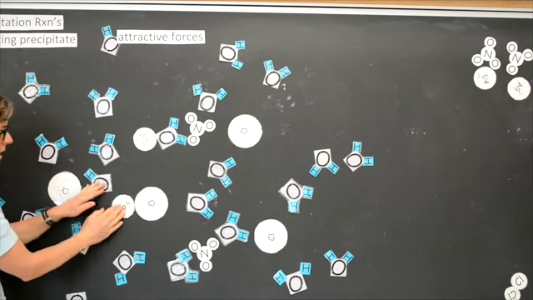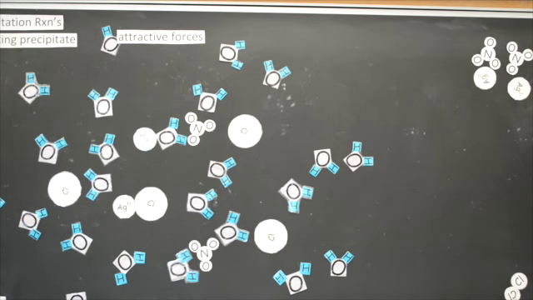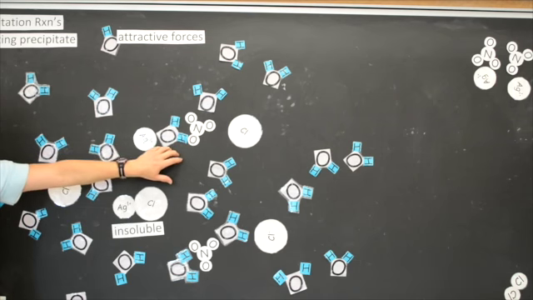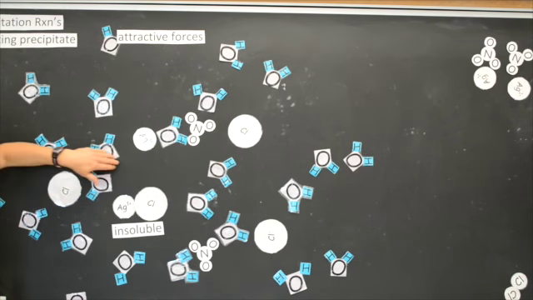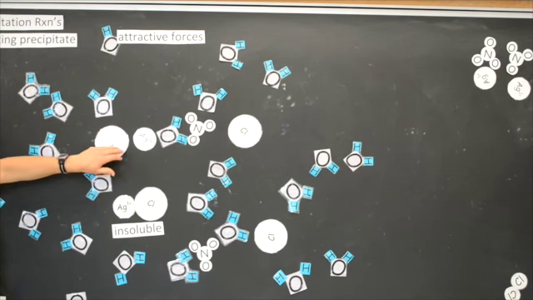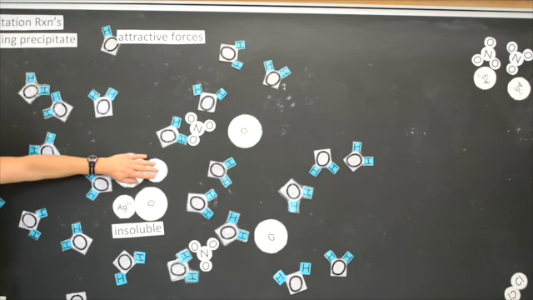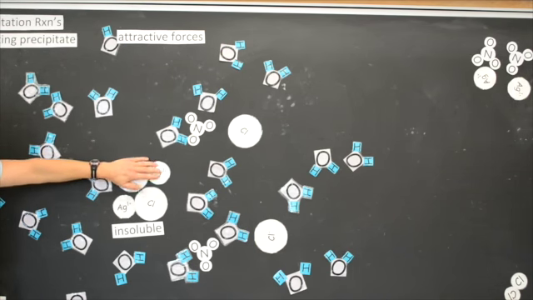Therefore, these ions combine, and this molecule is insoluble. Let's look at another situation. We have dissolving that's happened here. The chlorine is strongly attracted to that silver. They bond together, and we have another insoluble situation.